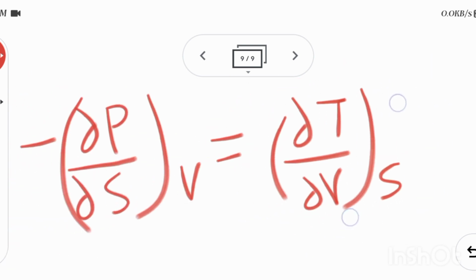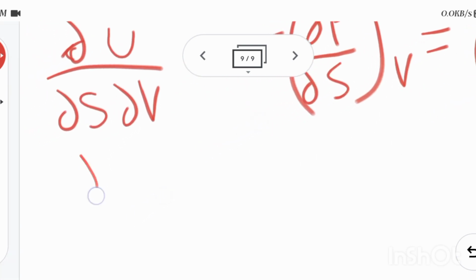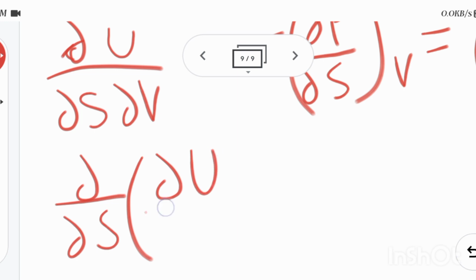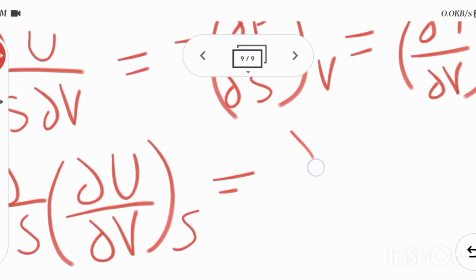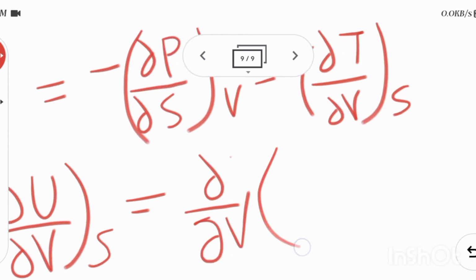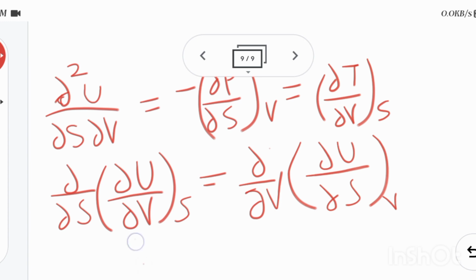You may wonder how I said it. As I said earlier, when this is equal to this one, we calculated that this has to be minus ∂P/∂S, and this has to be ∂T/∂V.